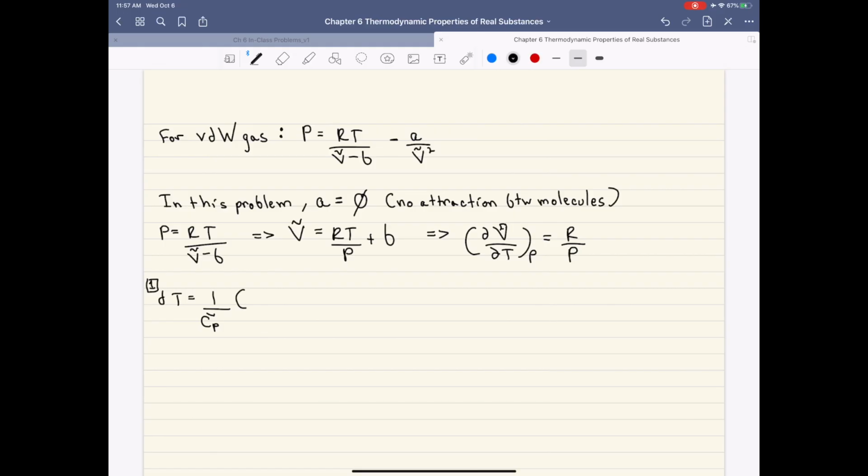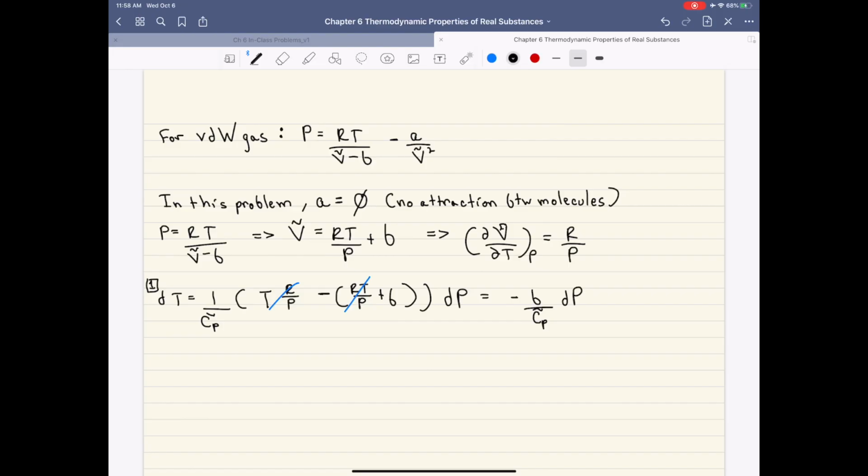We have T times dV over dT, so now we write R over P, minus the molar volume, which we have written here, RT over P plus B. All of this is with respect to pressure. These terms are going to cancel, and what we're left with is that our total derivative for temperature is equal to negative B over Cp dP.